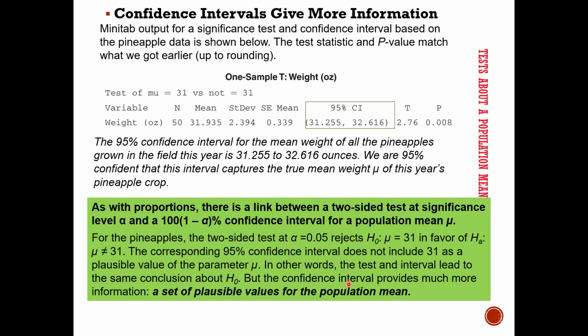But the confidence interval provides some more information, a set of plausible values for the population mean. If we just know that this thing is not 31, that's not incredibly helpful, but the confidence interval says it's probably a little bit more, which is really good. It's very good feedback to have.